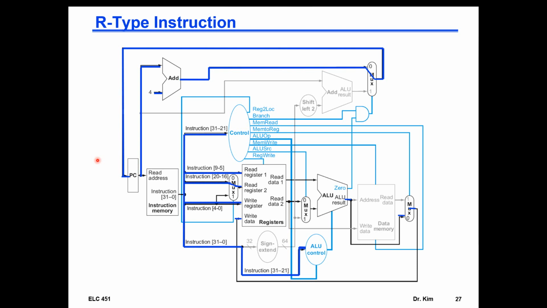And here we're reading the instruction. That's the second register. And the output of the ALU comes through back into the write register port. And so forth.